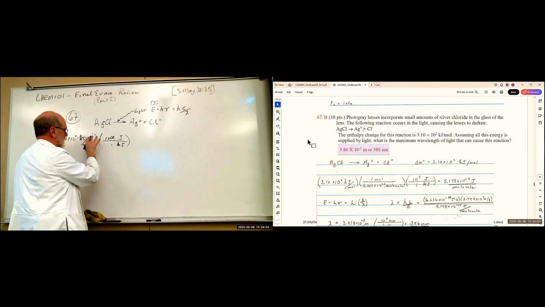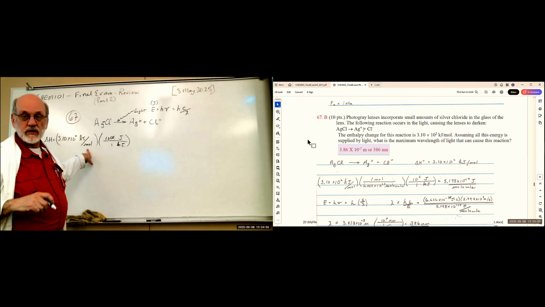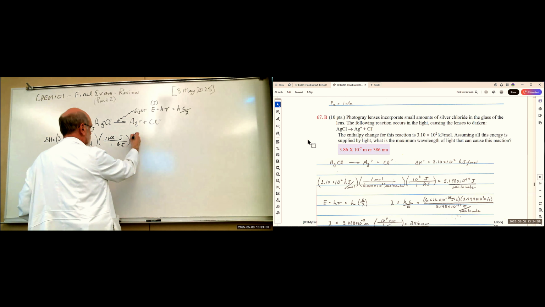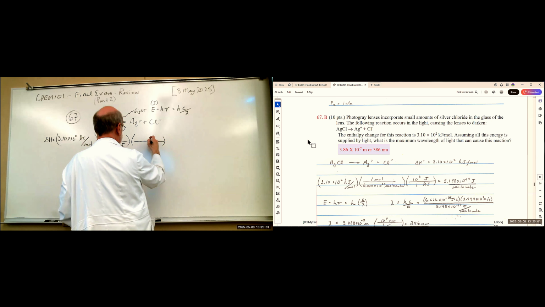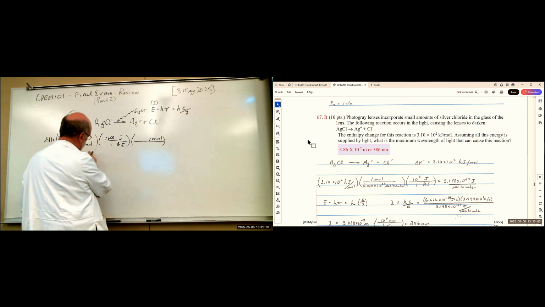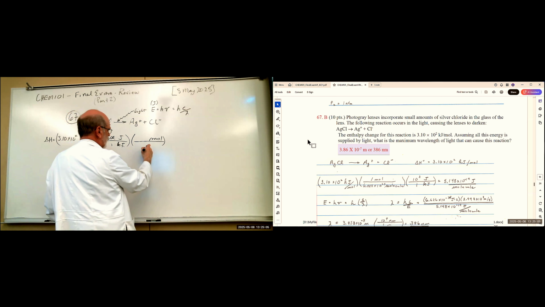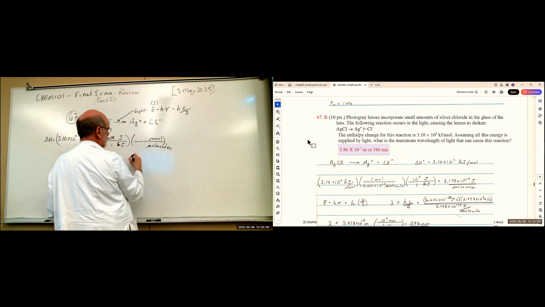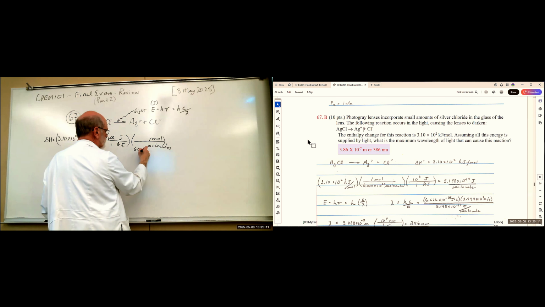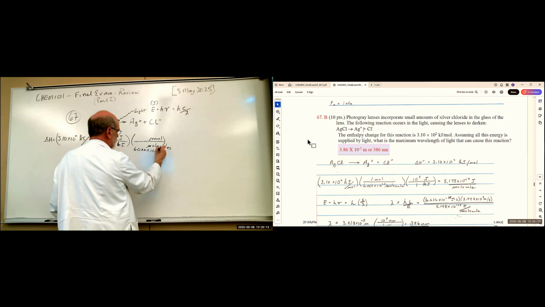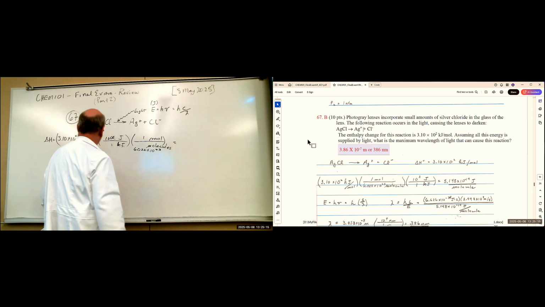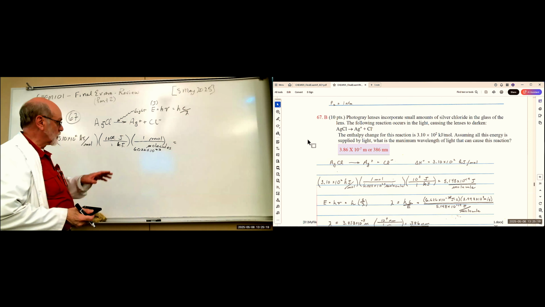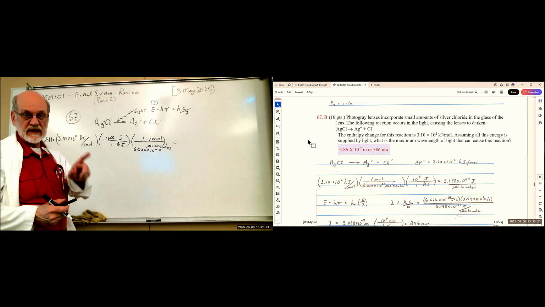Now we need to change moles to molecules. Mole goes on top because that's in the denominator, and then molecules is here. So we know that's 6.022 times 10 to the 23rd molecules. So this will tell us the amount of energy required to break one bond.